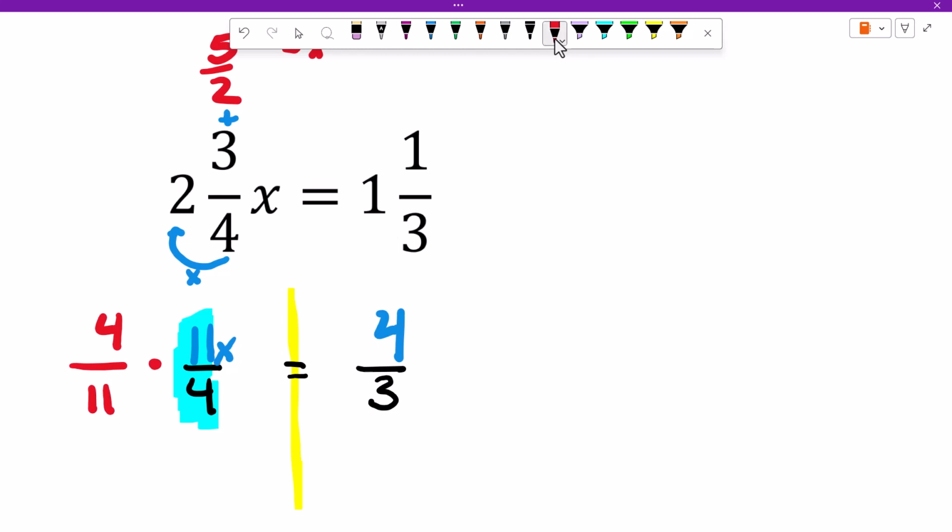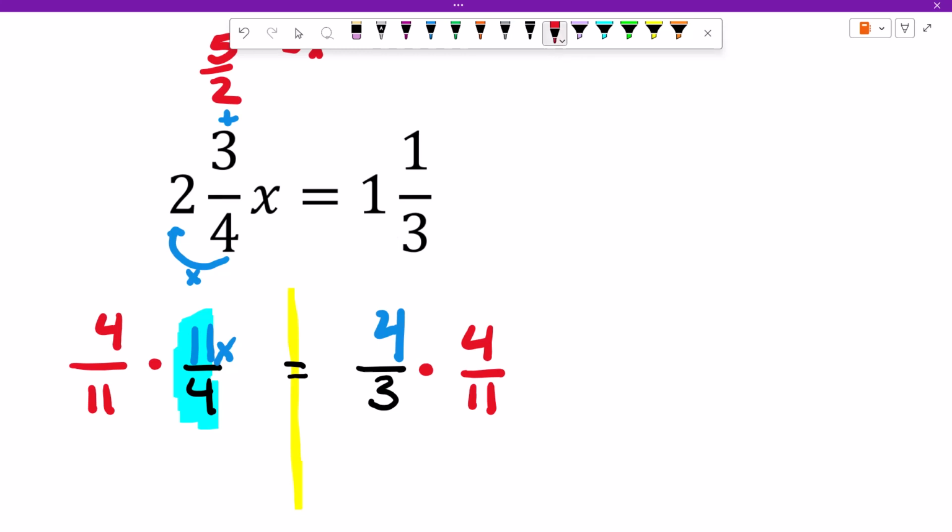Okay. So if we multiply by 4 by 11 on the left side, you have to do the same thing to the other side. We need to keep it symmetrical. So if we put this to that side, we have to do the same thing over here. So we've done our 2 terms on each side.